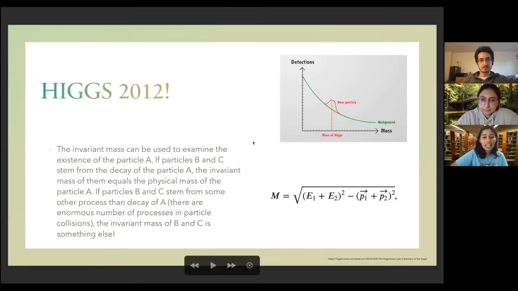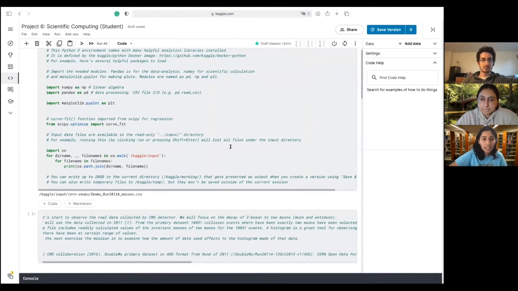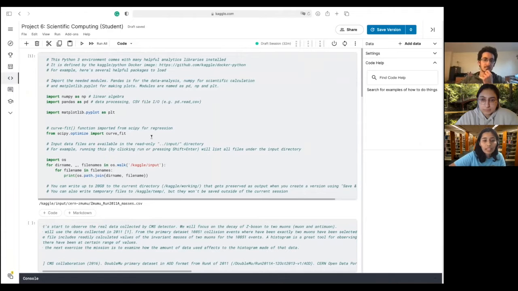So with this, I'll stop with my slides and we can go to the Kaggle notebook. If you saw the GitHub link, you could fork the notebook from the link.